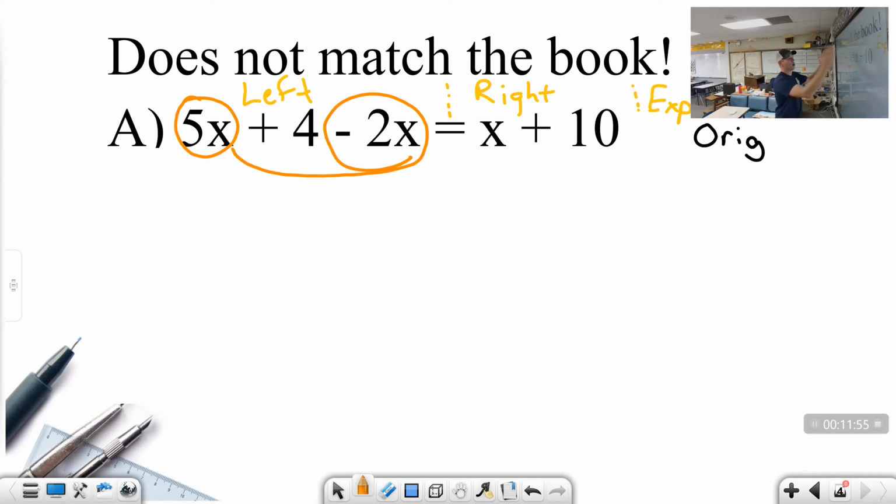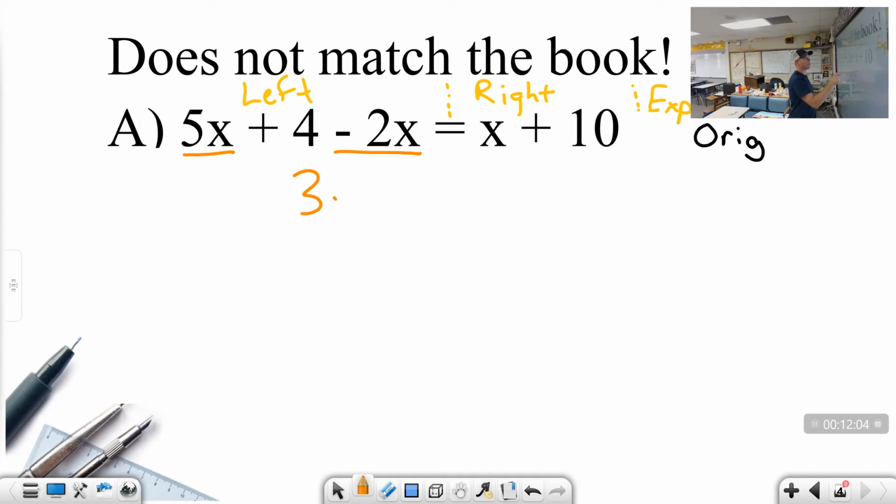That's a 0 pair. They're on the same side of the equation. Because they're on the same side of the equation, 5 minus 2 is 3x. The 4 did not change. The x plus 10 did not change. That was a 0 pair. Okay, that was my first legal move.